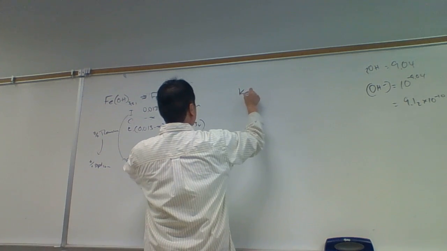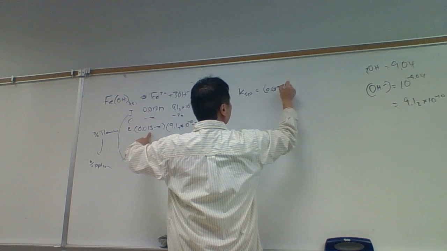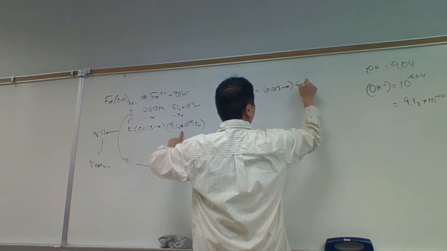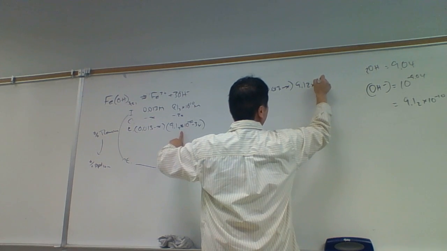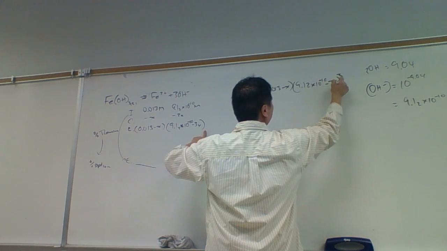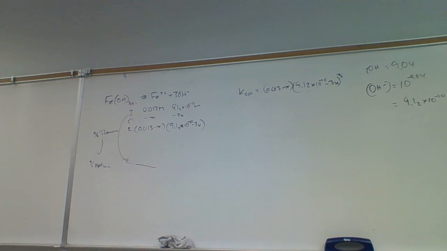So the KSP equals the iron concentration, 0.013 minus x, times the hydroxide ion concentration, 9.12 times 10 to the minus 10 minus 3x, quantity cubed. Does that math look good to you? No, this math looks awful.